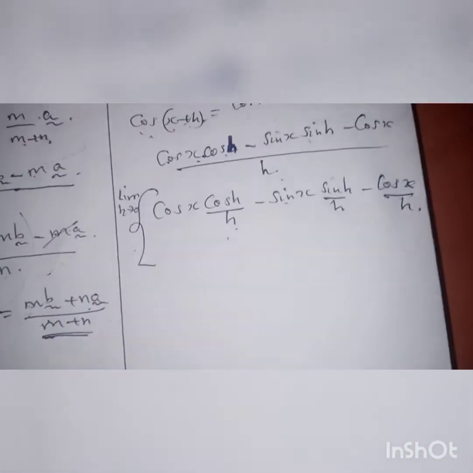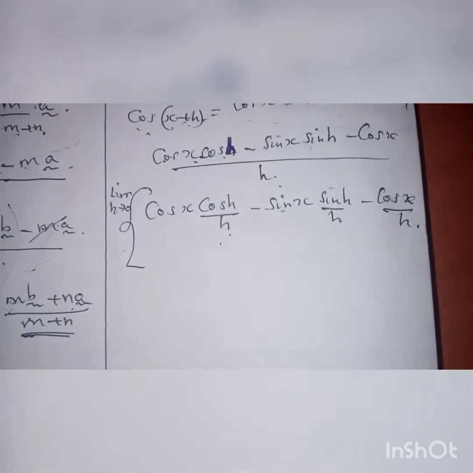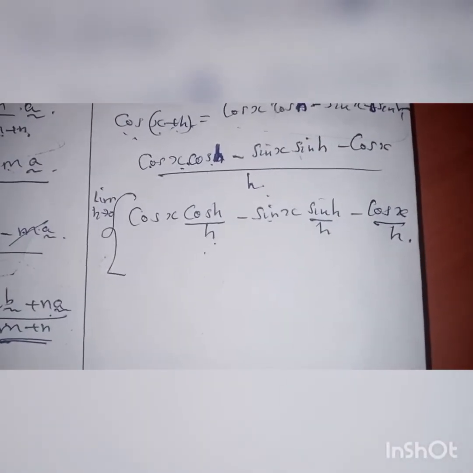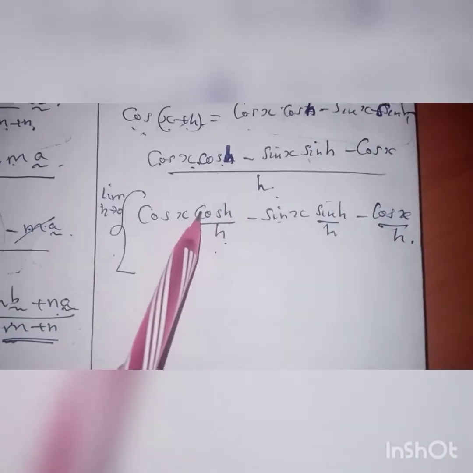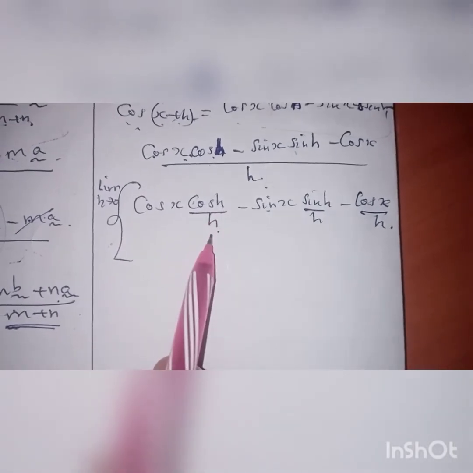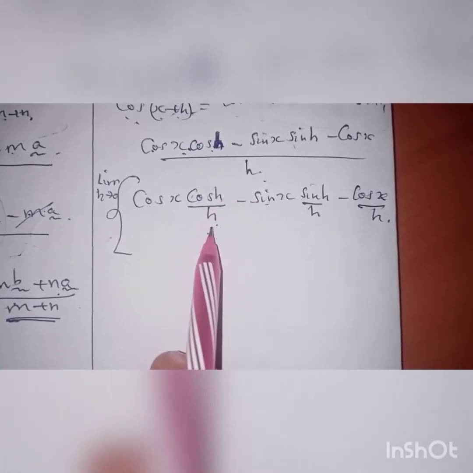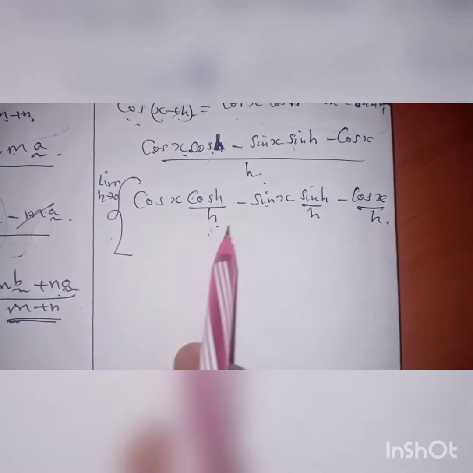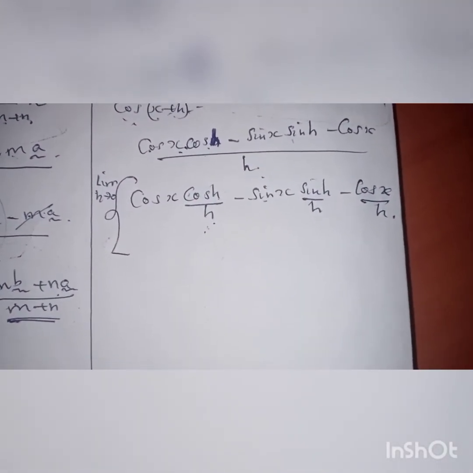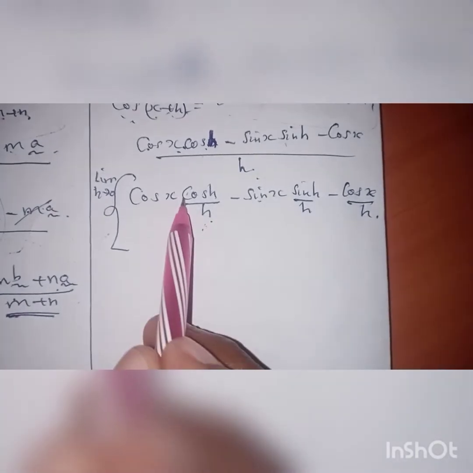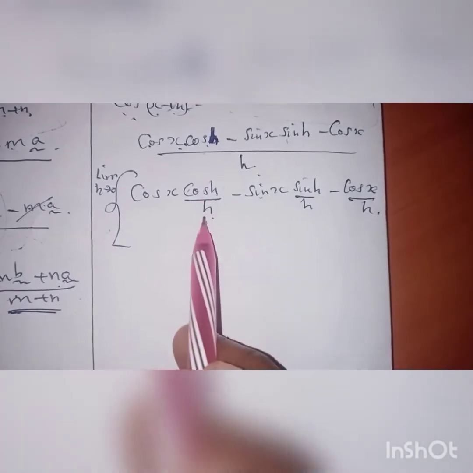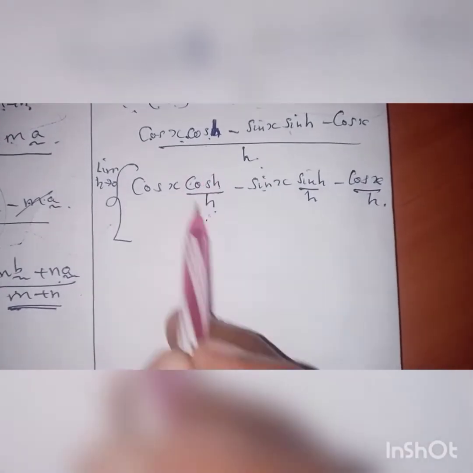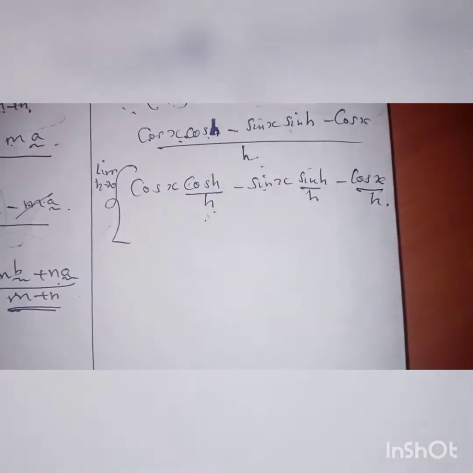Now, what to ask yourself in this step is, what happens to cos h over h when h approaches 0? Mathematically, when h approaches 0, this function becomes 0.